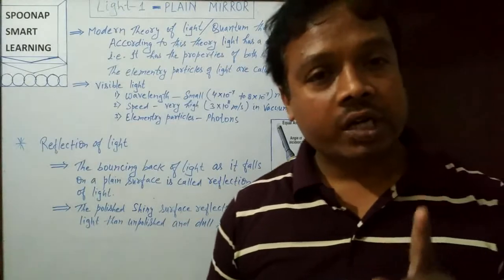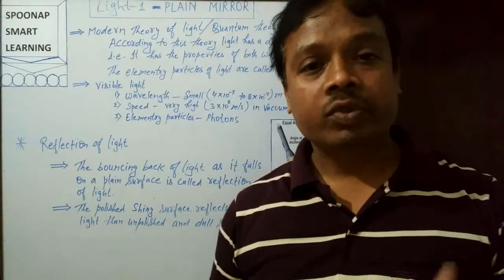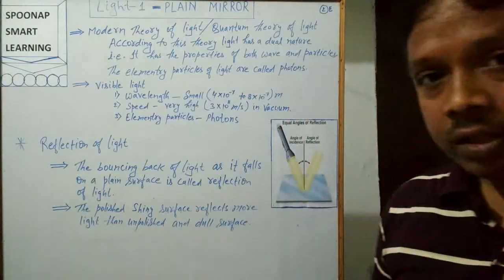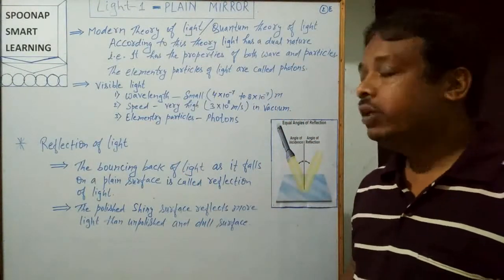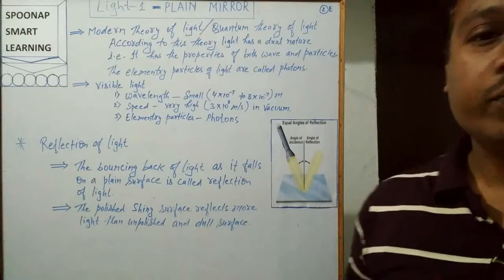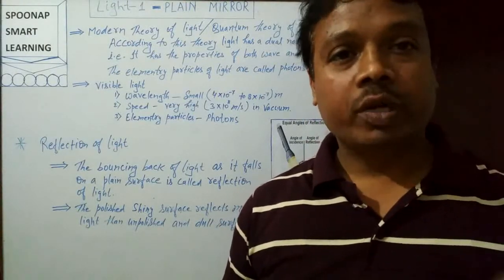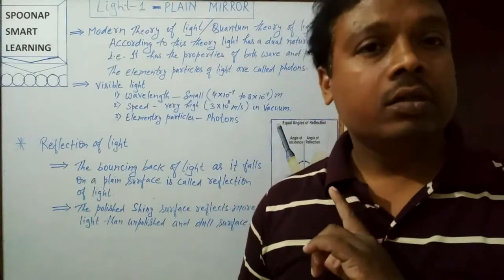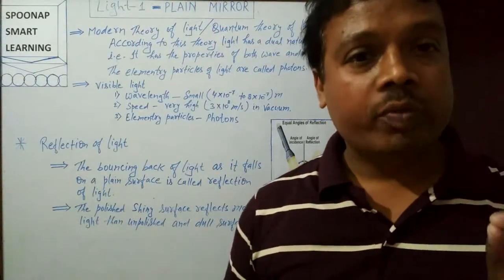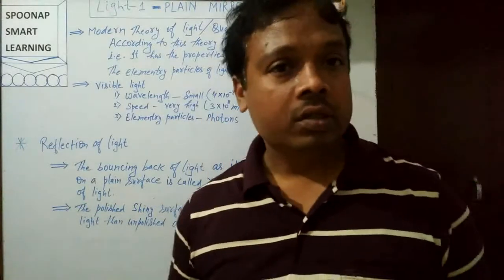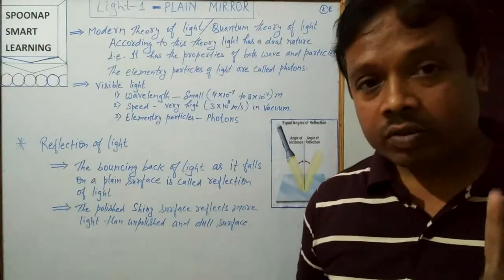That means light travels 3 lakh kilometers in 1 second in vacuum. Clear? The third point is elementary particles. Light has small particles according to particle theory and quantum theory. Those small particles are termed photons. Clear? Small particles are called photons.